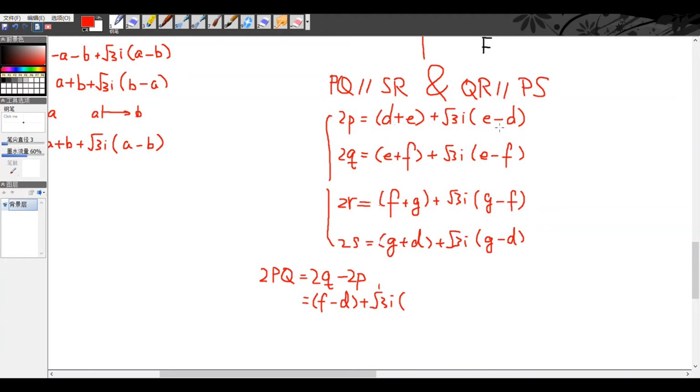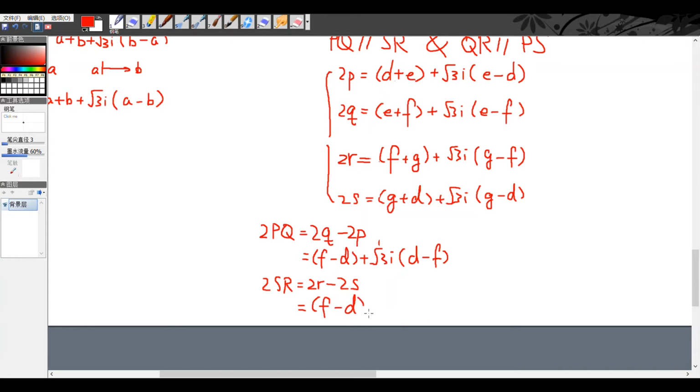So again, E terms are all eliminated, and we end up with D minus F. And what about SR? 2SR is just equal to 2R minus 2S, so the G terms are all eliminated, and we have F minus D plus the square root of 3i.